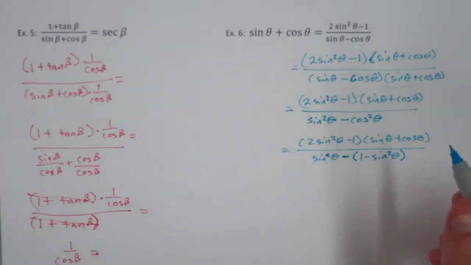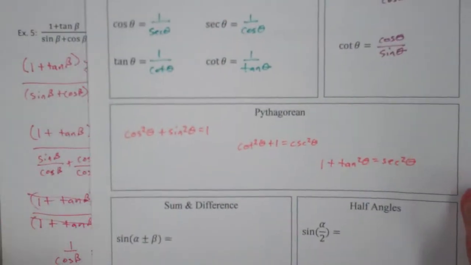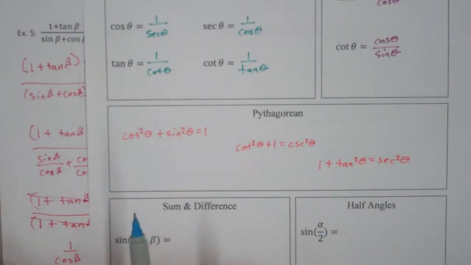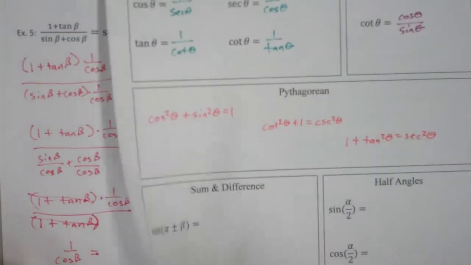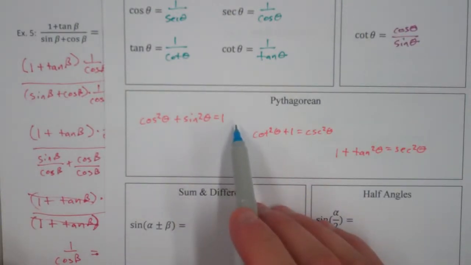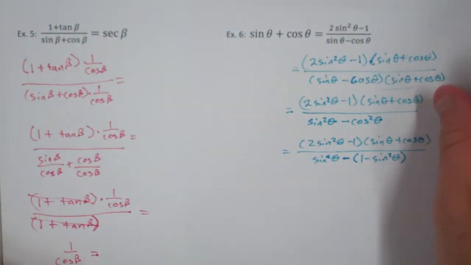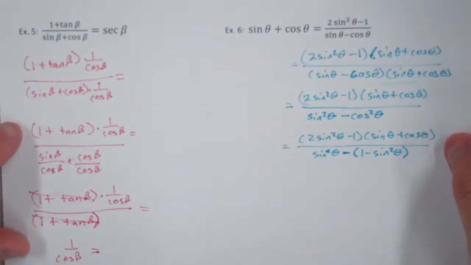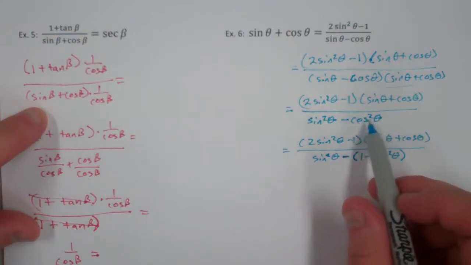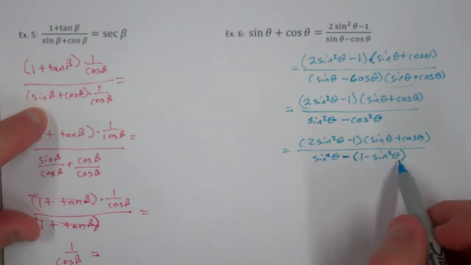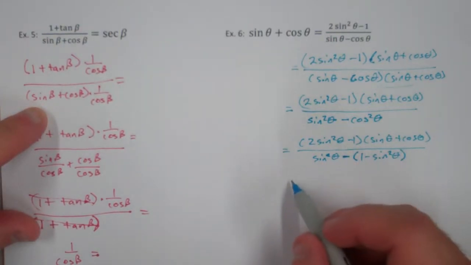If we look at our Pythagorean identity, we did cosine squared, so if we just subtracted sine squared, we'd be left with cosine squared equal to 1 minus sine squared. Reset the picture frame here for you. Alright. And so it's accurate to take this cosine squared out and substitute in 1 minus the sine squared.